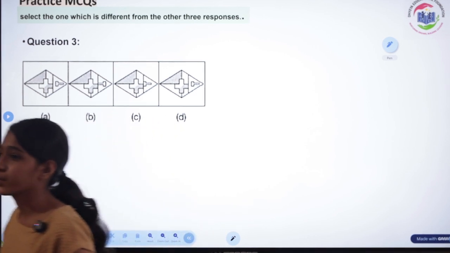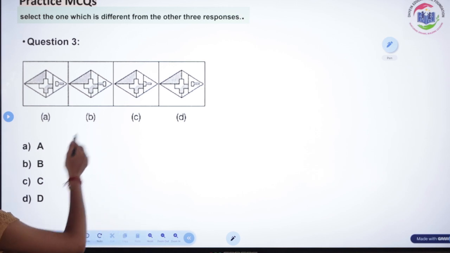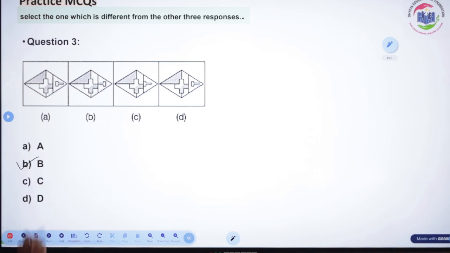Next question. Which diagram do you think is the odd one out? Option A, B, C or D? Observe each and every figure. There is a little bit of difference in the correct option. It is very simple. Option B is the odd one out.